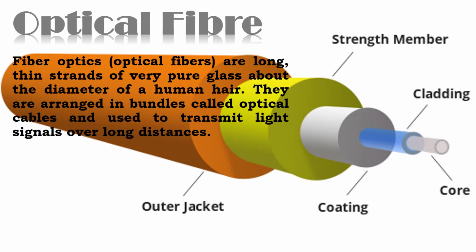Optical fiber. It is an application of total internal reflection. Fiber optics or optical fibers are long, thin strands of very pure glass about the diameter of a human hair. And it has a number of advantages, like in the telecommunication field.